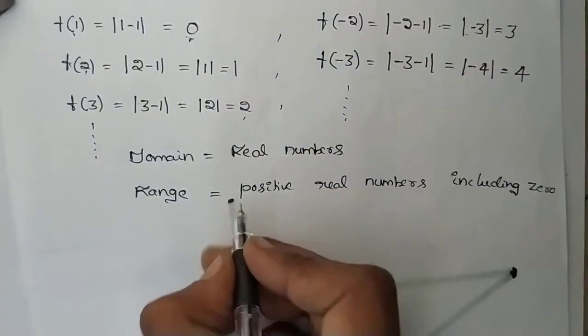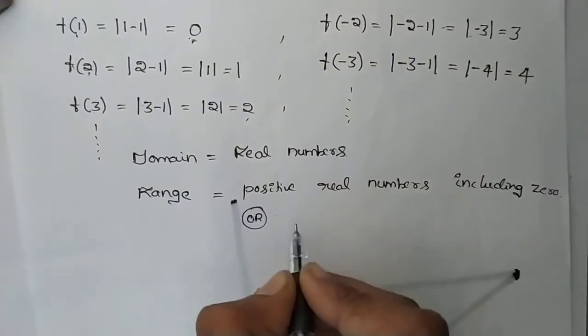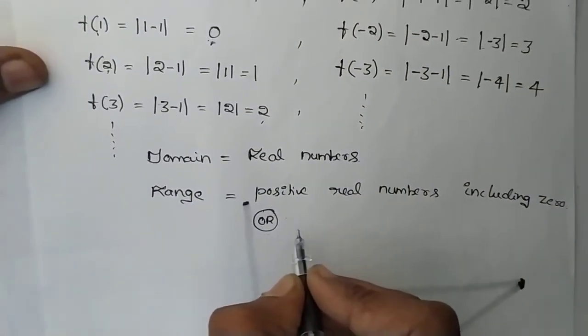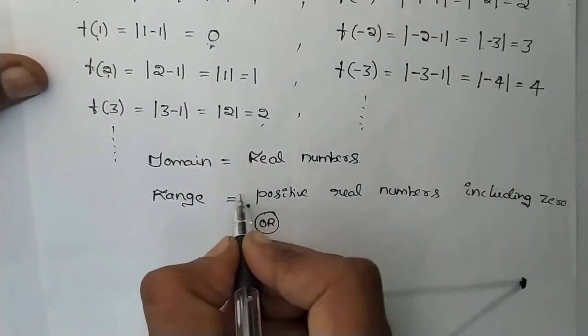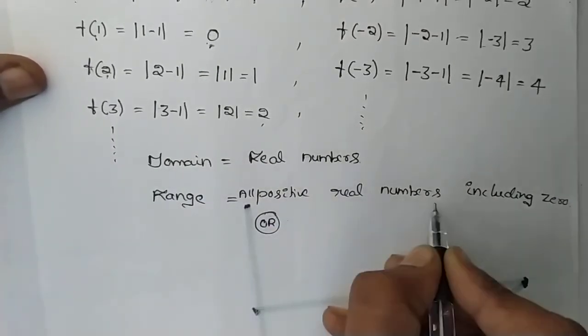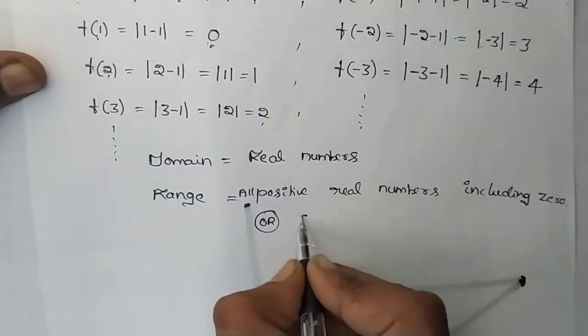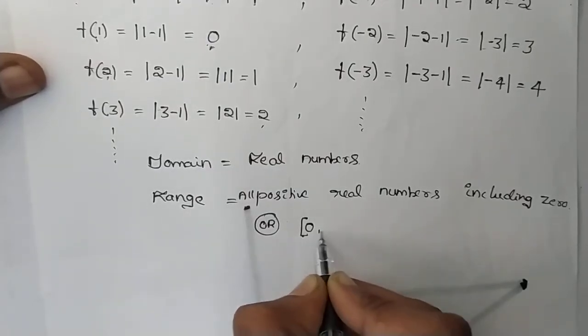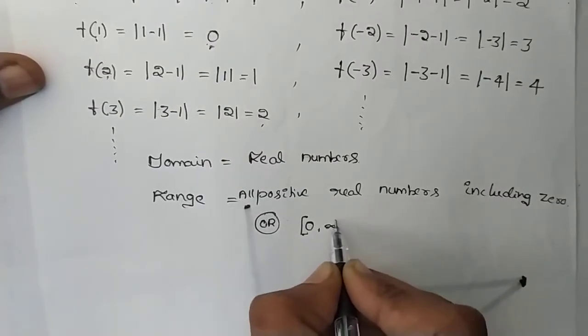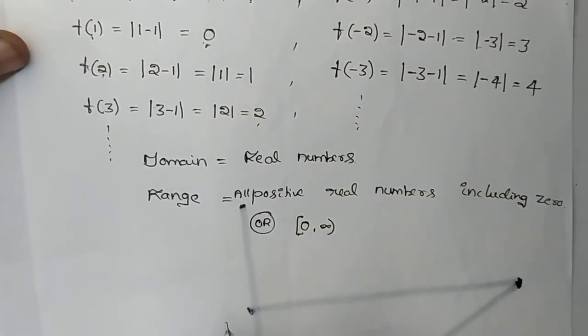And also it is denoted symbolically like all positive real numbers including 0. This symbol represents including 0 to plus infinity, right?